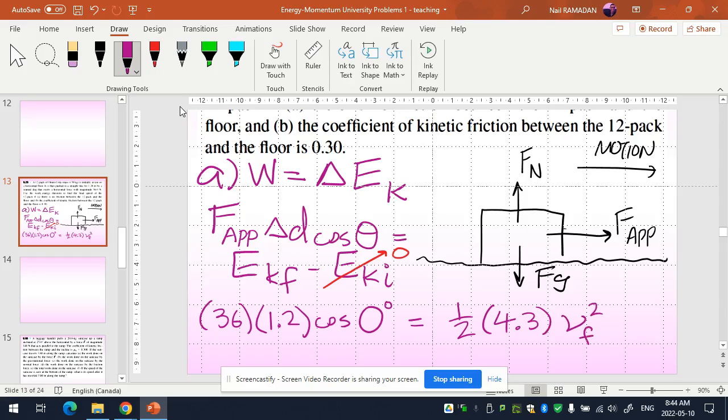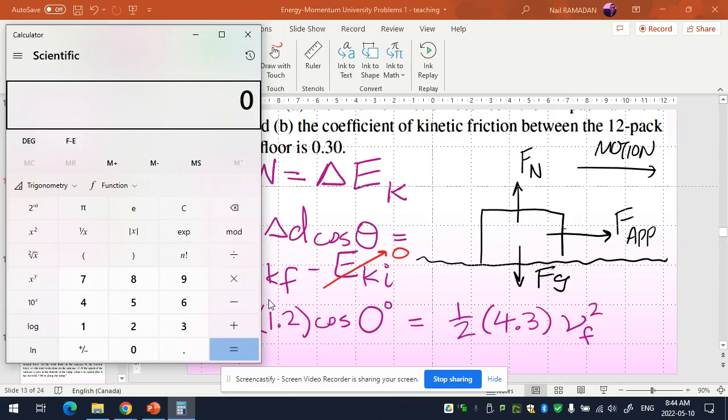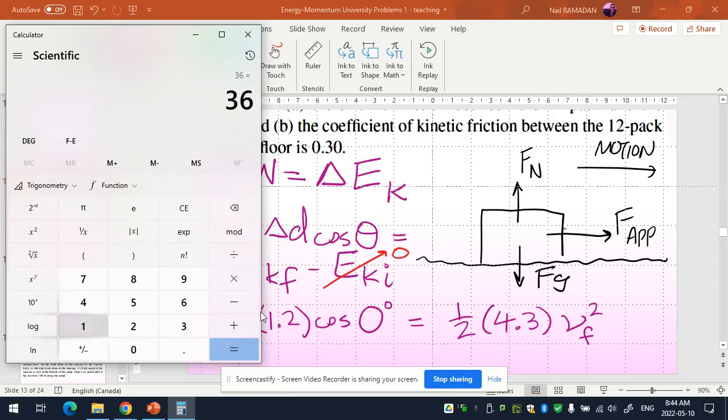Okay. Well, this is a very easy equation to solve. I just have to multiply 36 by 1.2 and then divide by the product of half times 4.3 and then take the square root. So let's multiply 36 times 1.2. And then what's half of 4.3? 2.15. So divide that by 2.15. Is that the final speed?